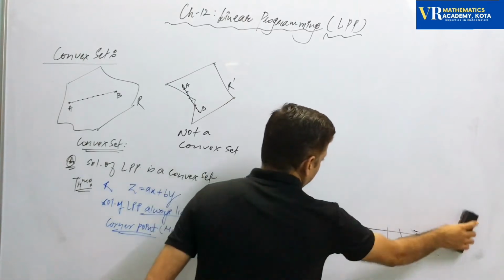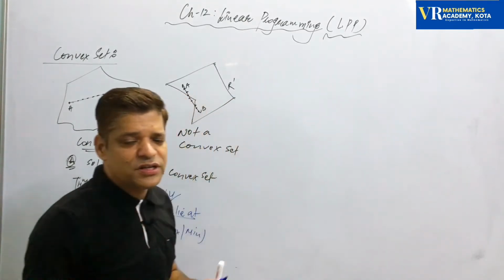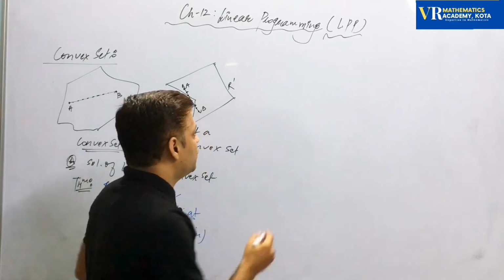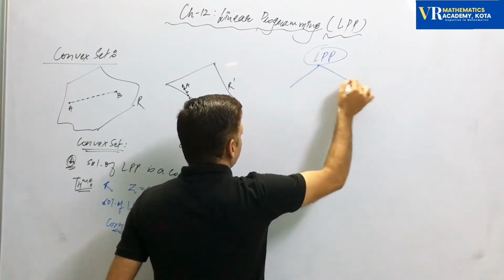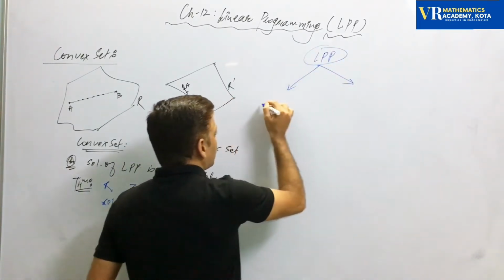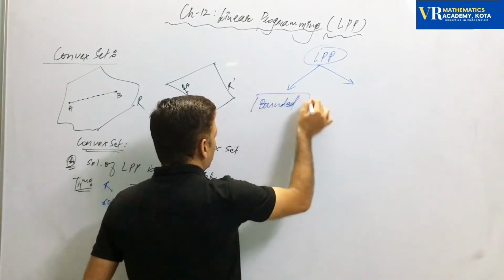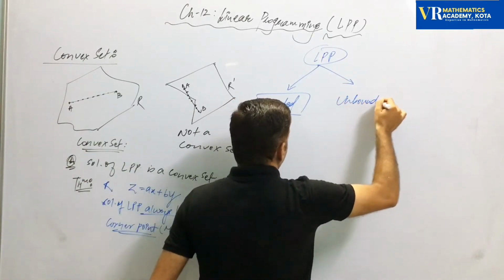Now the next thing: we already studied that there are two types of feasible region, bounded or unbounded. So in linear programming problems, we are going to study two types of problem: one which is bounded, and the second which is unbounded.